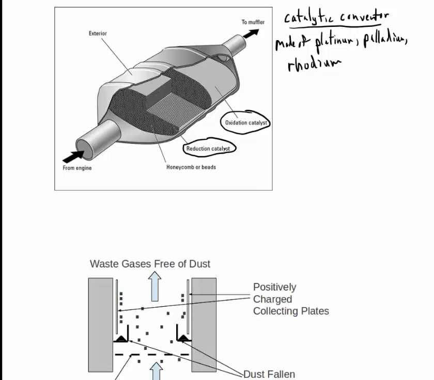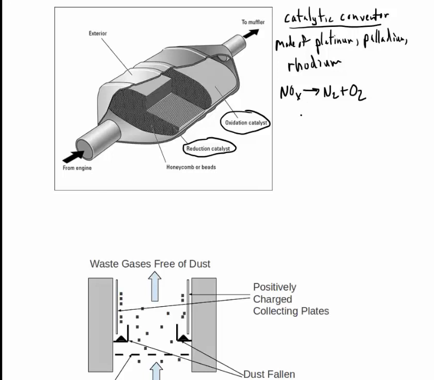So in the reduction catalyst, the NOx that would go into the air that can become part of your pollution gets converted into N2 plus O2, which are natural parts of our atmosphere, because 78% of our atmosphere is N2 and about 20 or 21% is O2. So this will reduce some of the NOx, not all of them, but it does a really good job. So this cuts down the NOx tremendously.